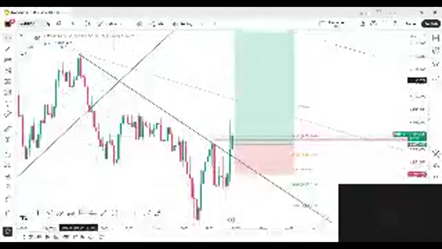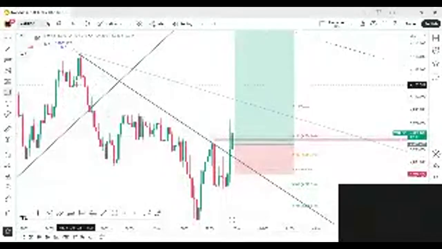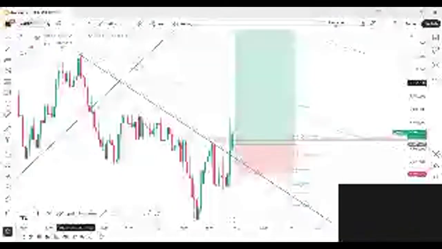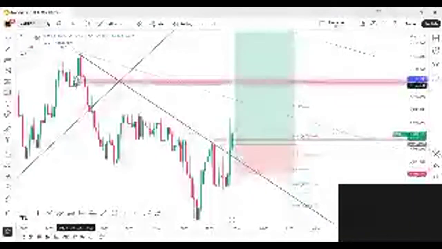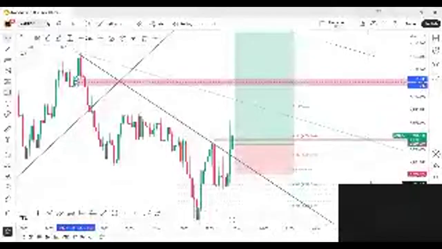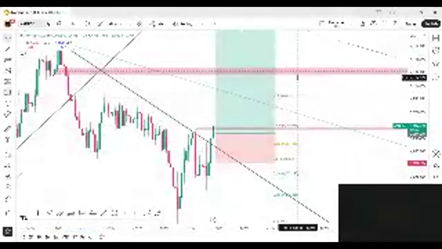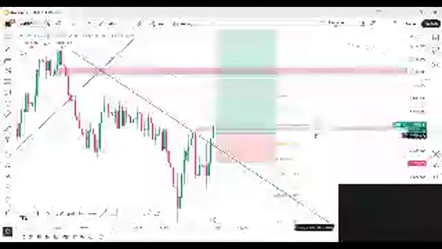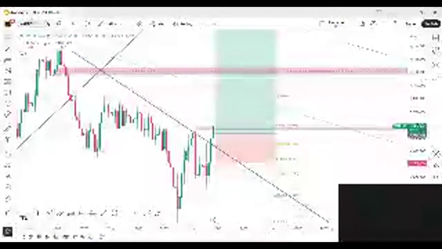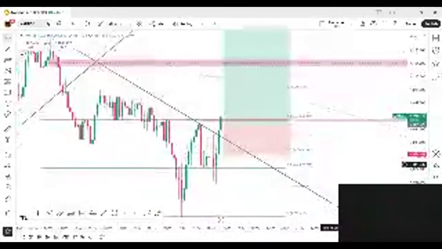Our TP1 will be approximately at this type of zone area. We have to understand properly, because we don't want to take the risk at the moment. We need a proper surety.